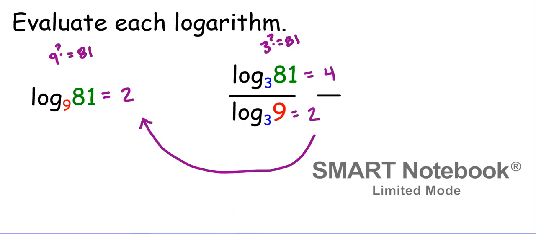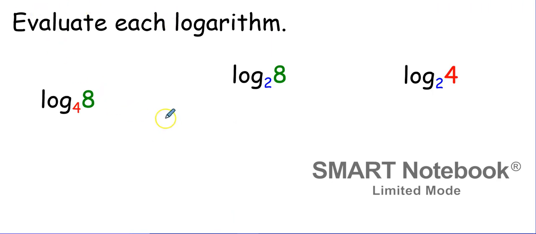So let's check out one more example here and figure out why this is useful and why we care that we can do this. Well, this property is useful when you run into a log where it's not a nice, neat, whole number answer. Like, we don't know what power of 4 off the top of our heads gives us 8.